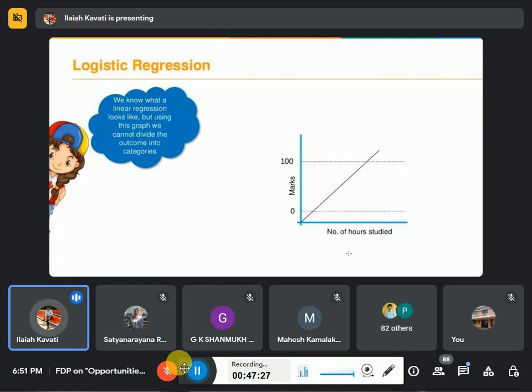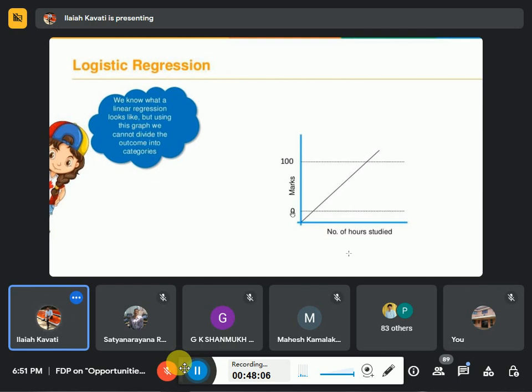Because the mathematics behind logistic regression is derived from the linear regression equation, that is y equals mx plus c. So the logistic regression mathematical function is derived from the linear regression function, y equals mx plus c.